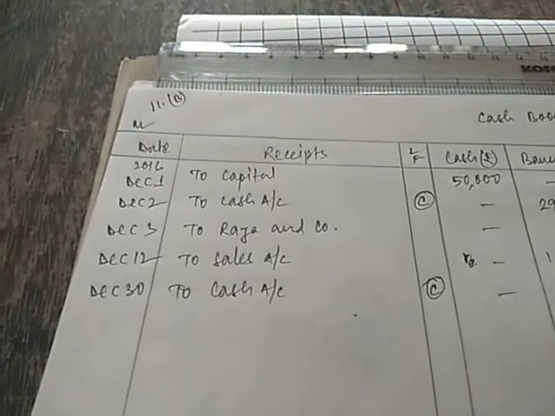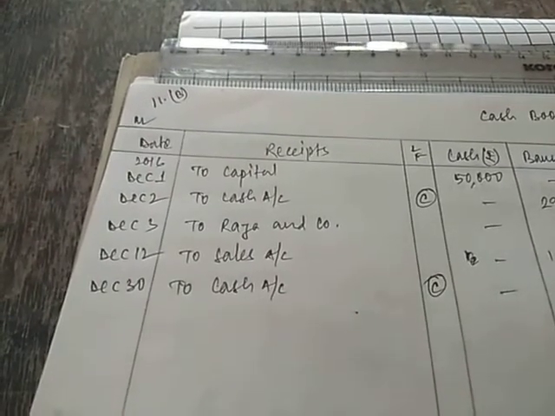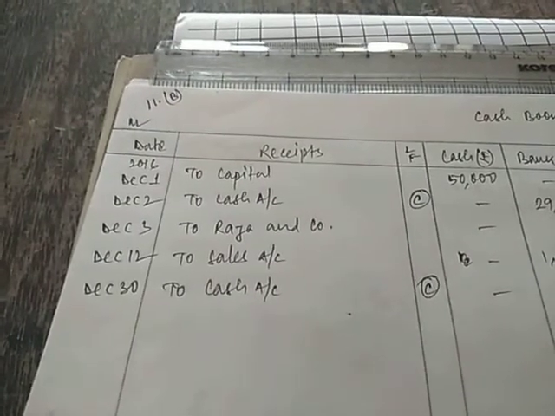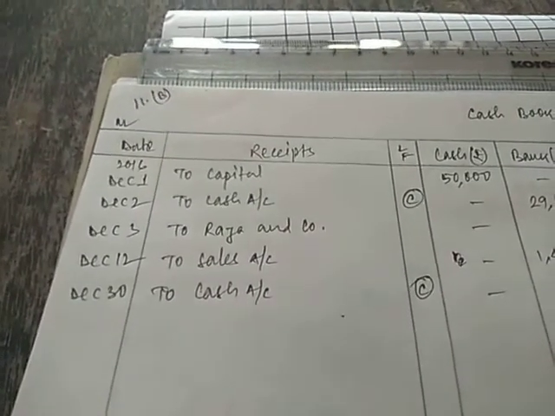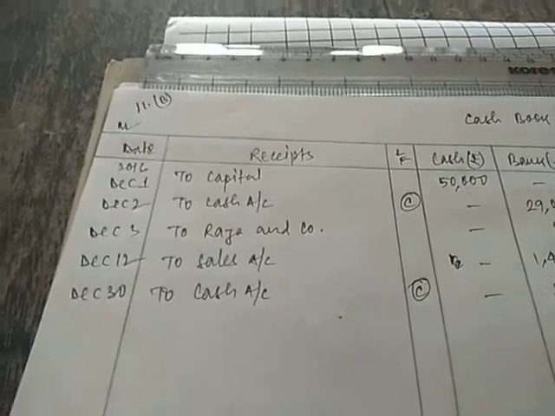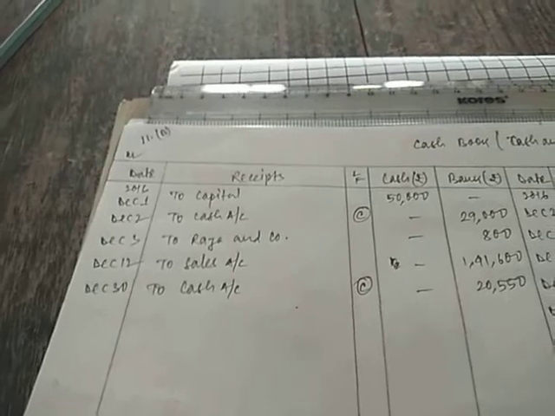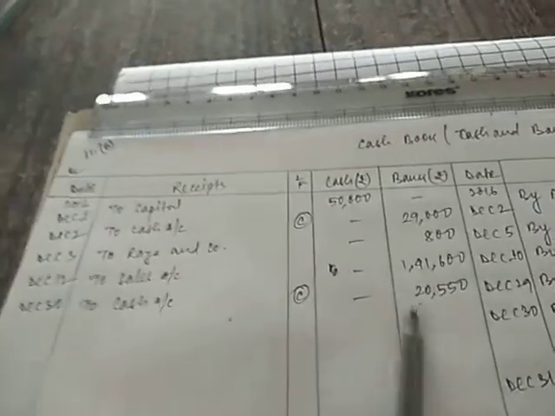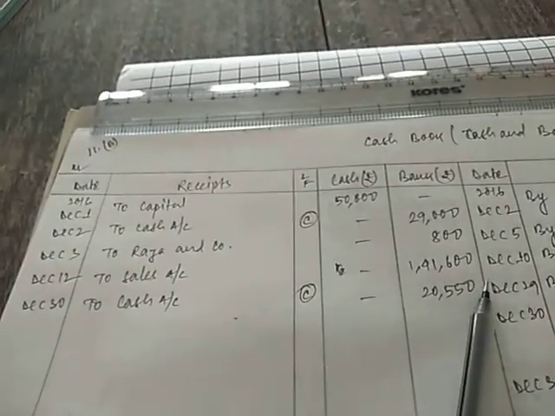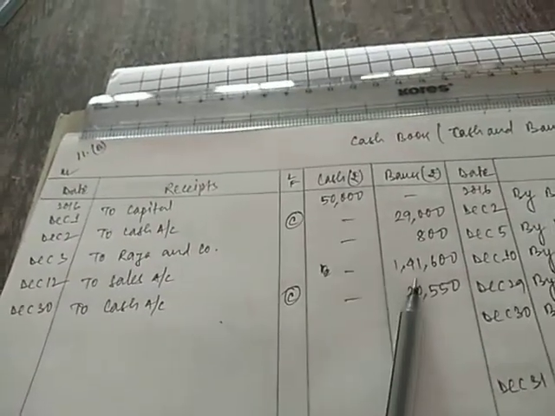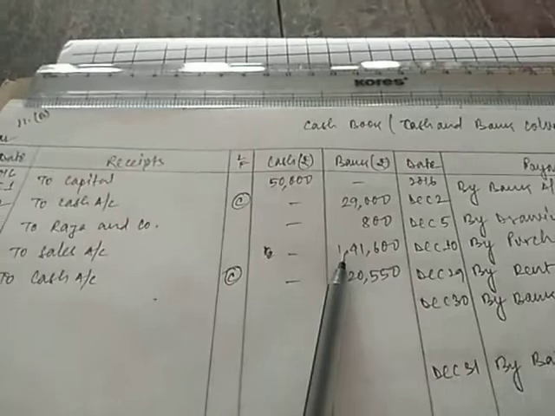So 20% of 1,50,000 is 30,000. So when you deduct 30,000 from 1,50,000, you will get 1,20,000. On 1,20,000, when you calculate 18% GST, it is coming to 21,600. So altogether it becomes 1,20,000 plus 21,600, that is 1,41,600. And the payment was received through check. So to sales account in bank, you will write directly rupees 1,41,600.